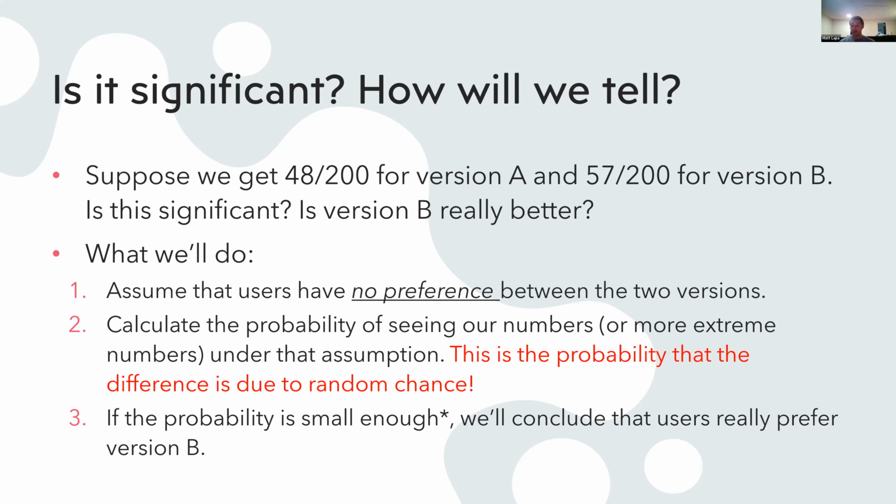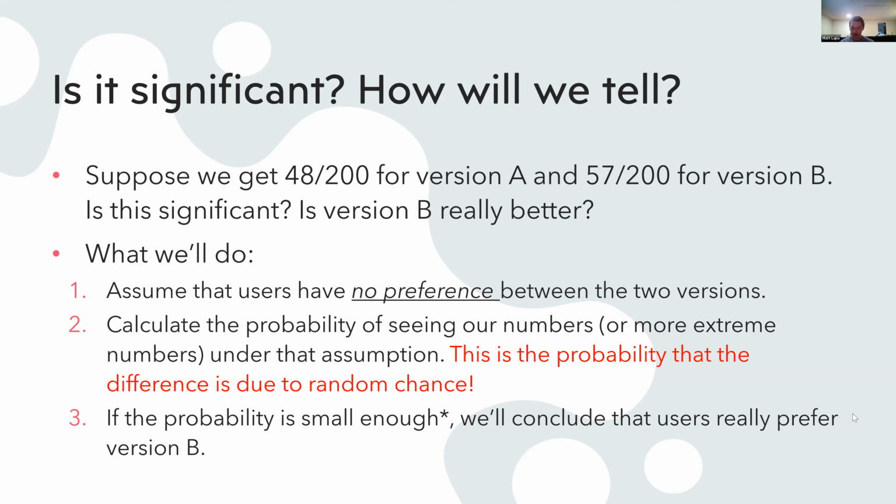And then the key point in this statistical reasoning is that if that probability is small, then we'll conclude that users really do prefer version B, or that version B is more likely to make people click that button. So that's the key. We're calculating the probability that it's due to random chance. And if that probability is small, then we'll say, okay, it's too small. We'll conclude that it's not due to random chance and that version B really did perform better.